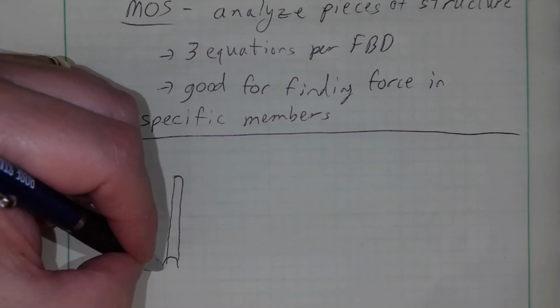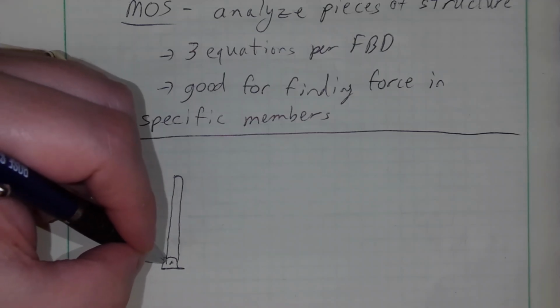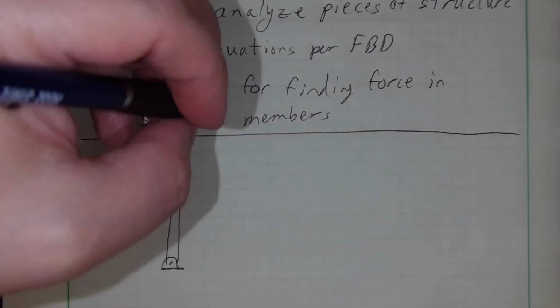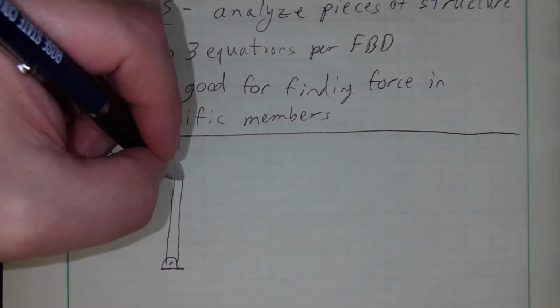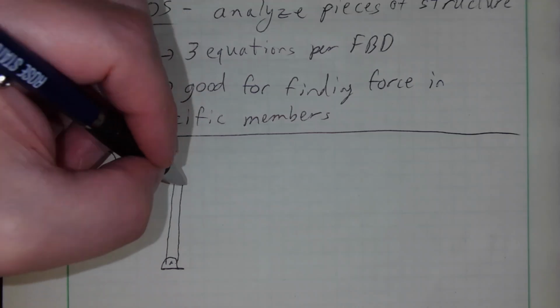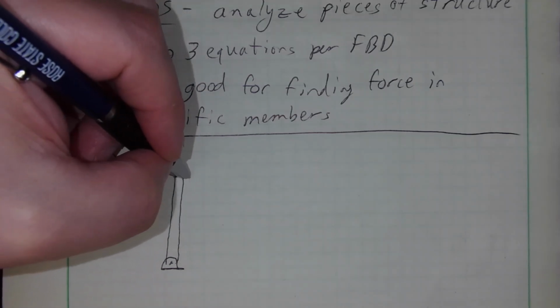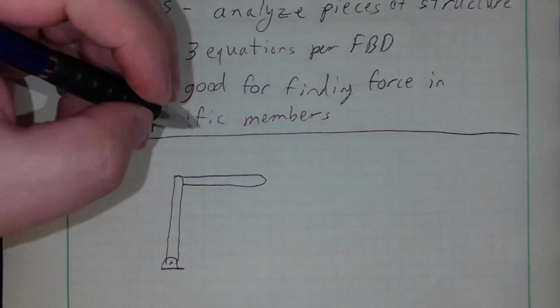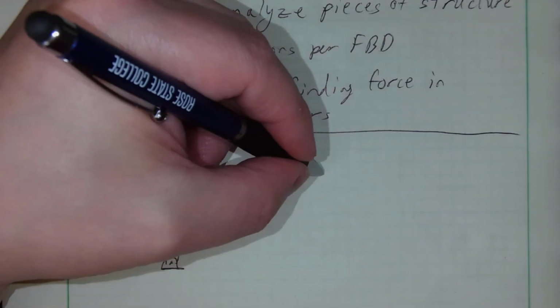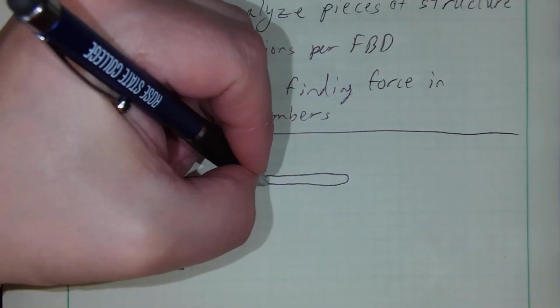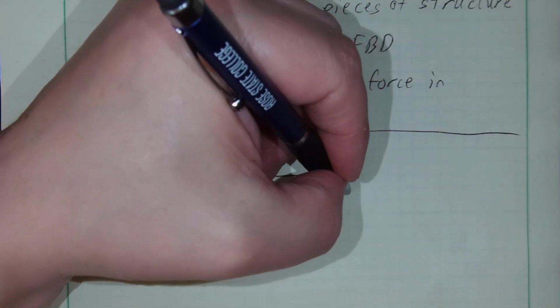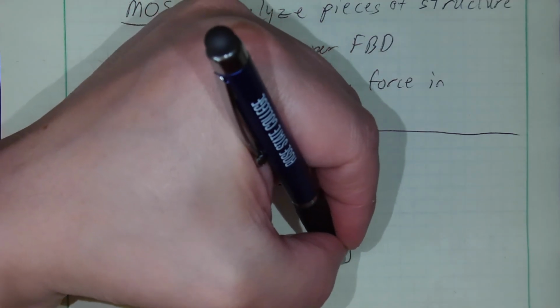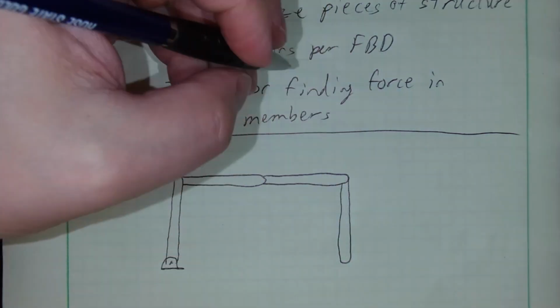It's not going to be perfectly to scale because my drawings never are unless I'm really taking my time. But we'll draw a longer member going vertical, about the same length here going horizontal, and one more about the same length going horizontal, and then about the same height over here going vertical.